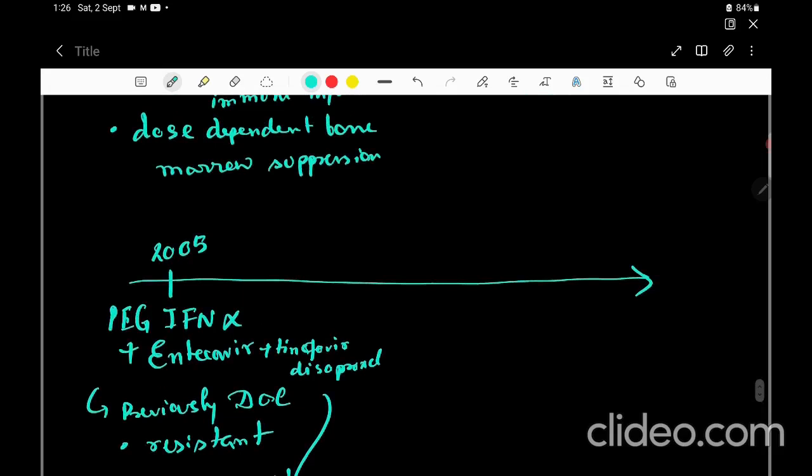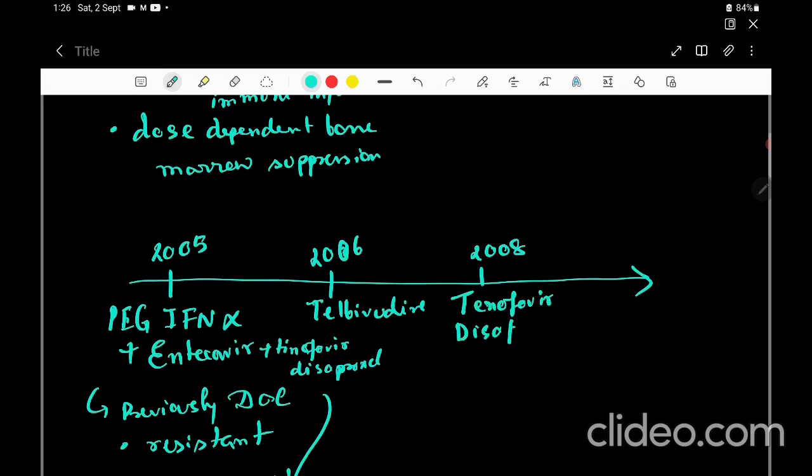And then there were other recommendations, like in 2006 telbivudine was used. Around 2008, only tenofovir disoproxil fumarate.